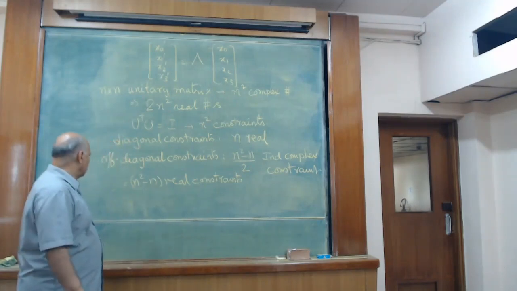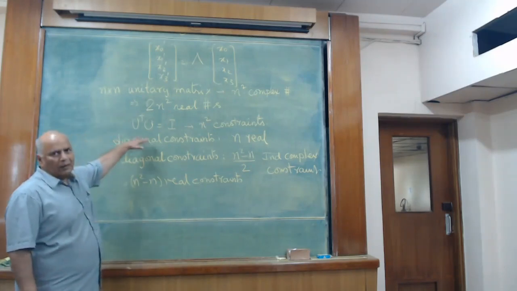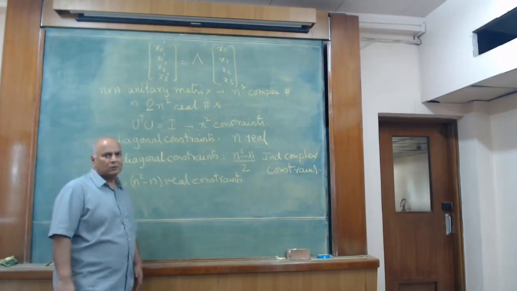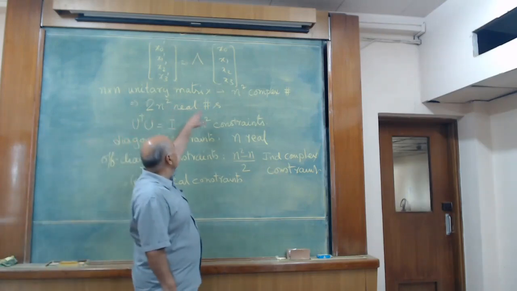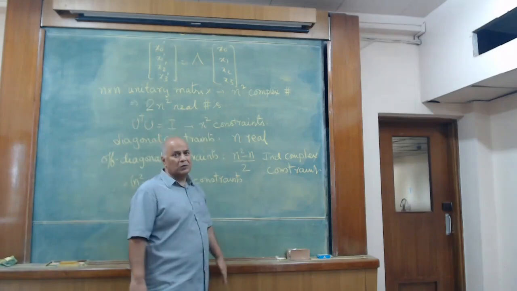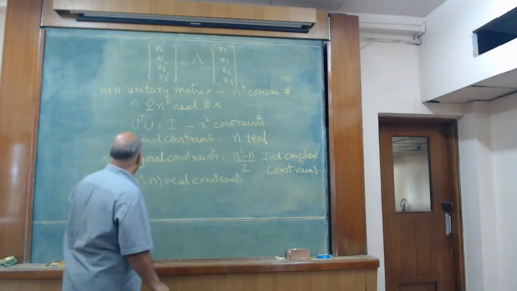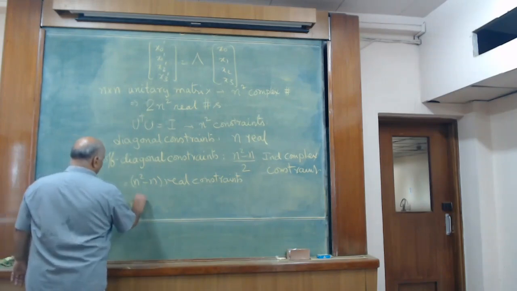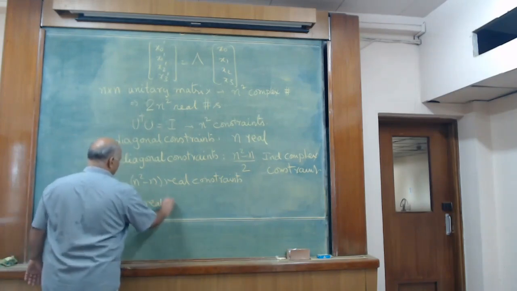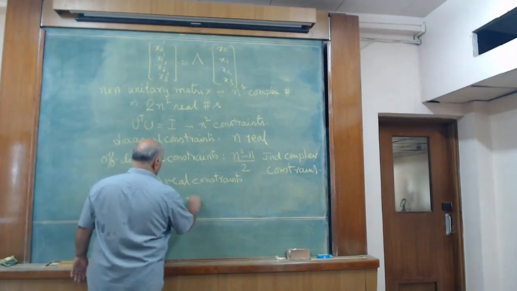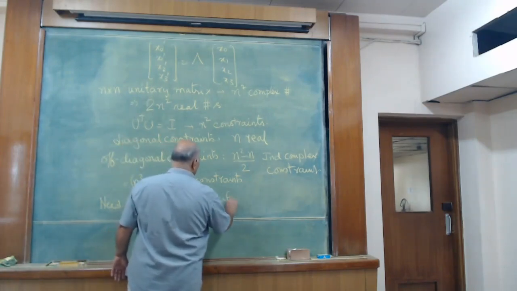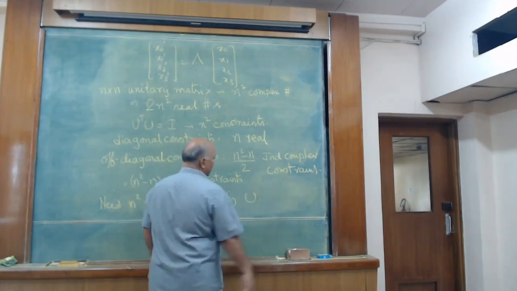So n here, n square minus n here, so total n square constraints, and total number of real parameters is 2n square. So I need n square real numbers to specify a unitary matrix.